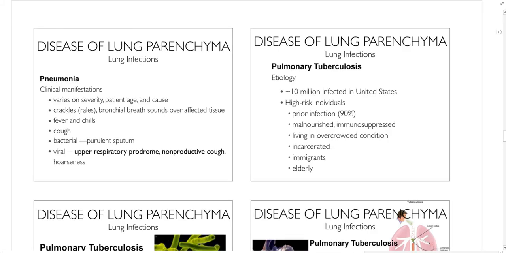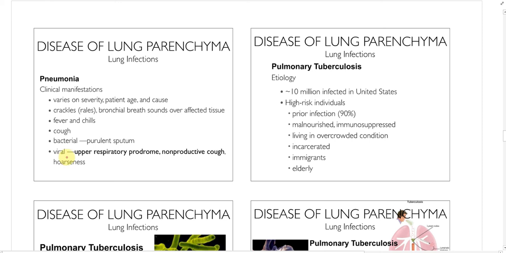Originally, with a viral pneumonia, you might end up just looking like you have a common cold, the flu, something like that, with more upper airway symptoms. But this presentation is simply a prodrome. It is simply a sign of a future disease, which is, in this case, pneumonia.